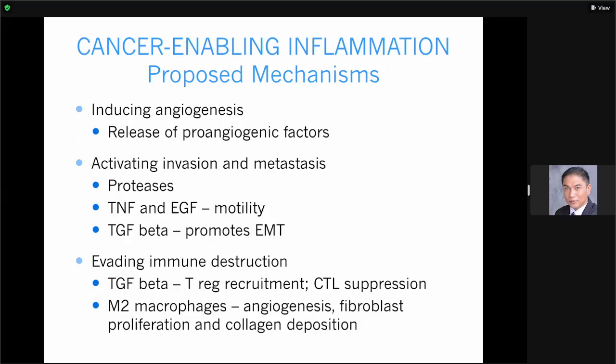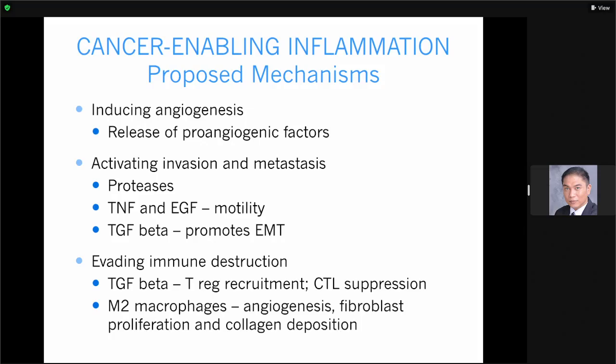Next is by inducing angiogenesis. Remember that in repair, you produce extracellular matrix, you also produce blood vessels. So there is release of pro-angiogenic factors in inflammation that can enable growth of cancer. Next is activating invasion and metastasis.